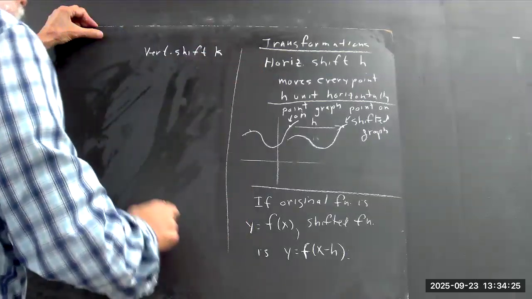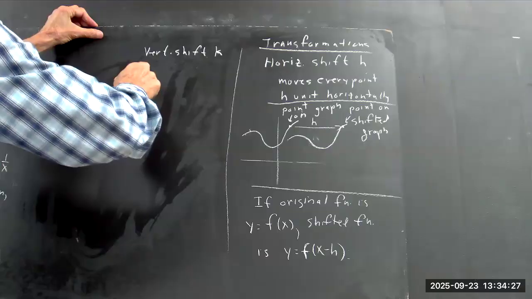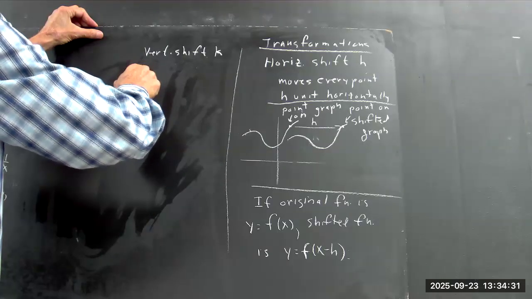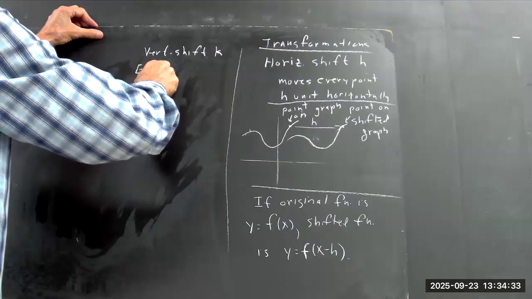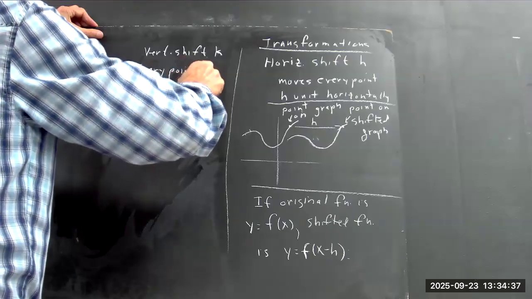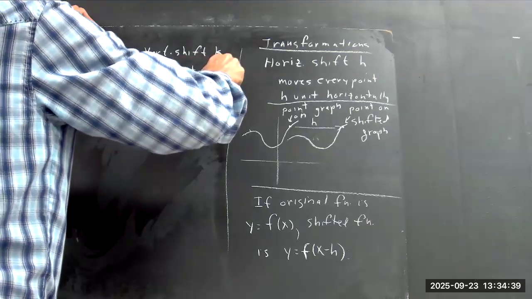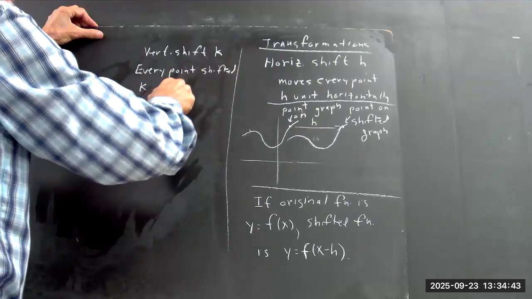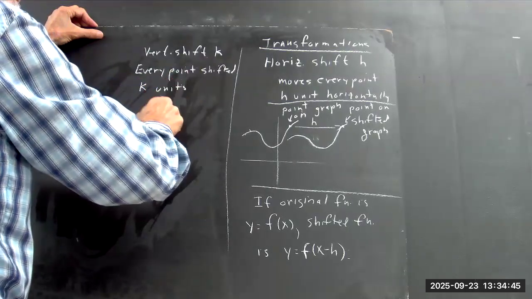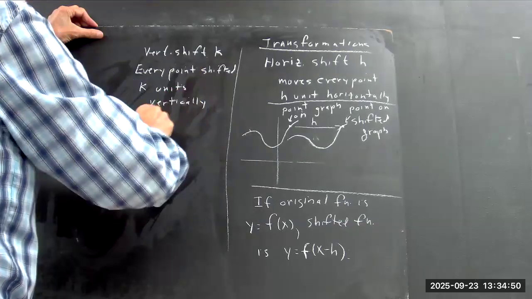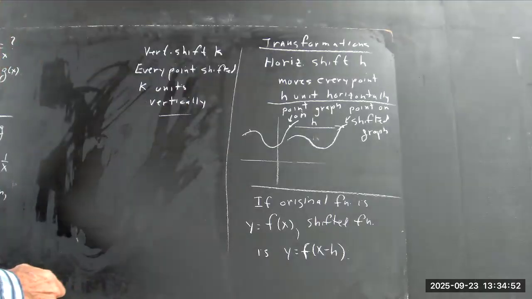Vertical shift k: every point is shifted k units vertically.